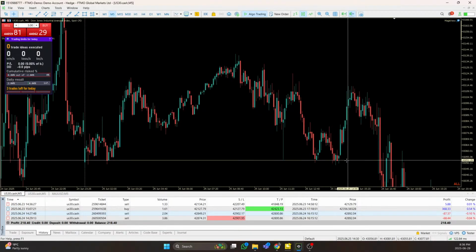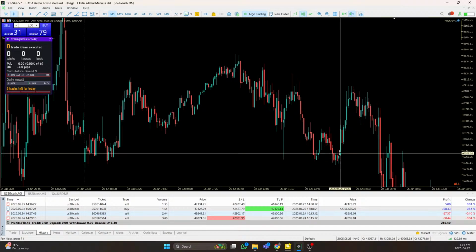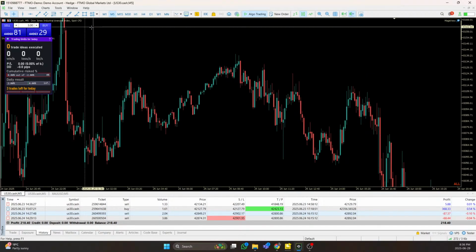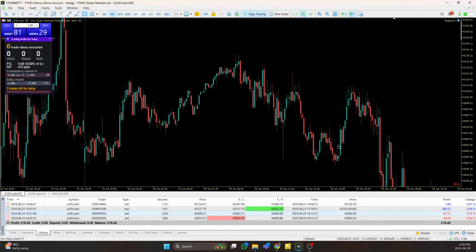There is a gap over here, which, as you can see, let me draw with this rectangle. There's this gap over here, but the entry would be all the way up here, and definitely a stop would hit. So I did not trade that day.